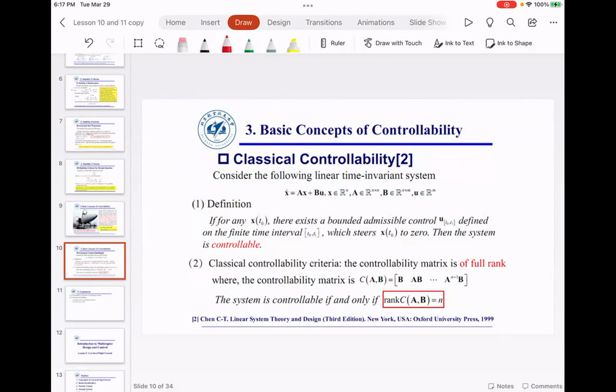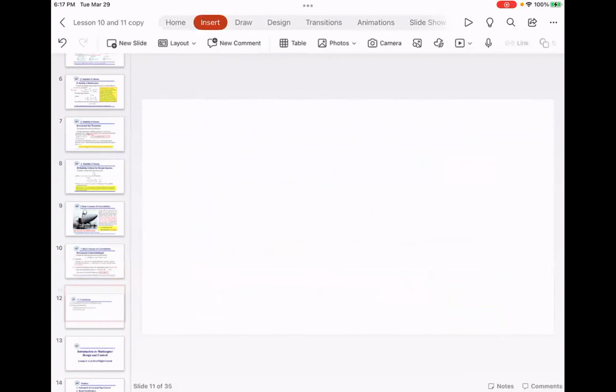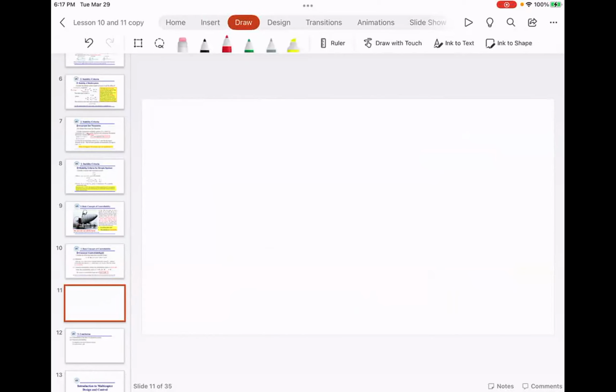So this needs a little discussion, and I will talk about this a little bit in more detail. The mathematics and the equations come later, but let me explain what controllability means. Controllability means ability to control.